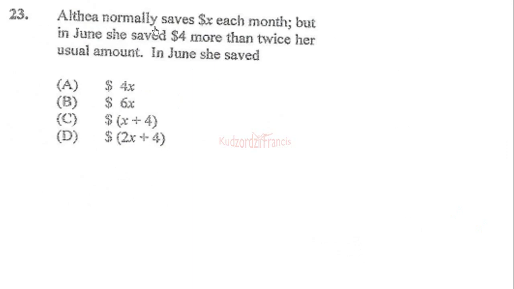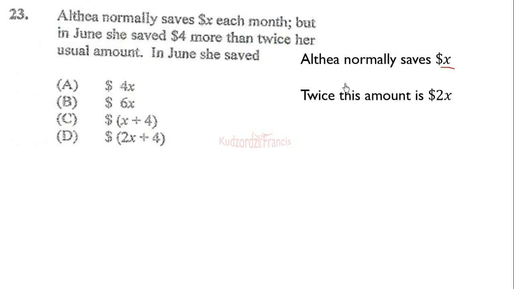Althea normally saves $X each month, but in June she saves 4 more than twice her usual amount. In June she saved how much? So we know that normally she saves $X. Then we're told that she saves twice this amount in June.